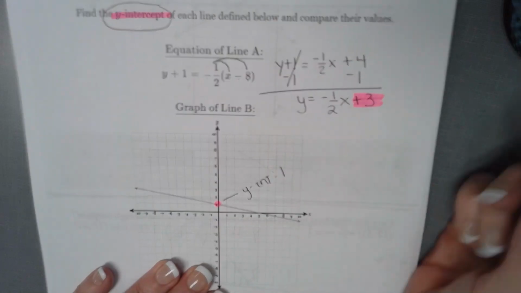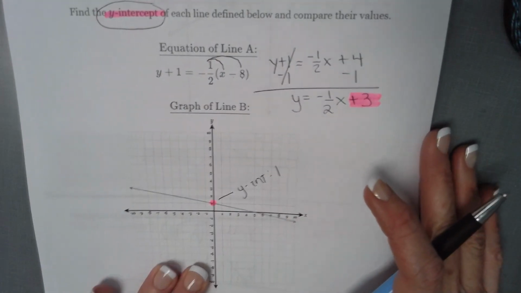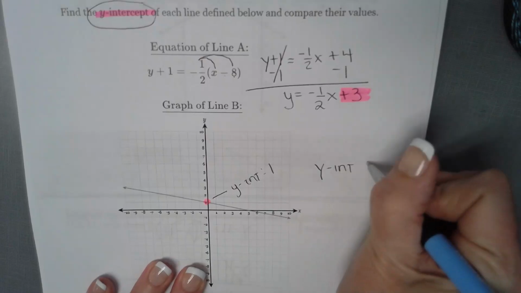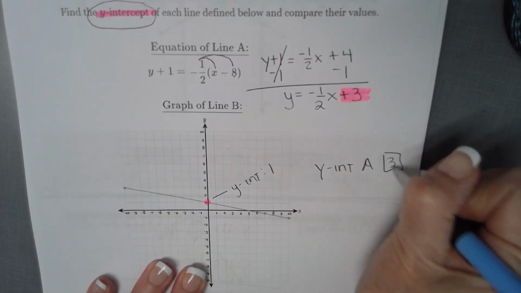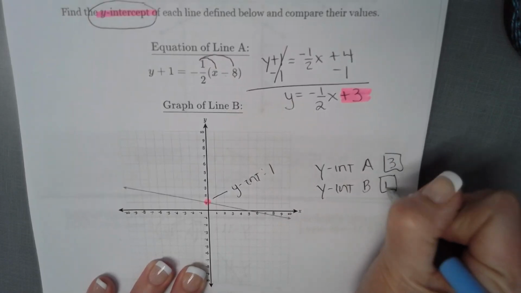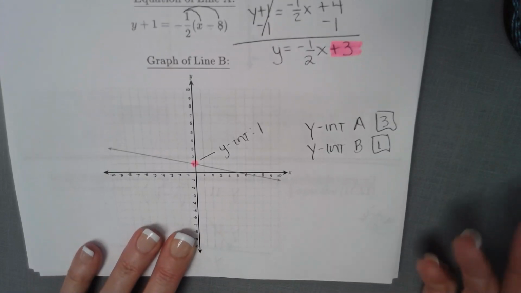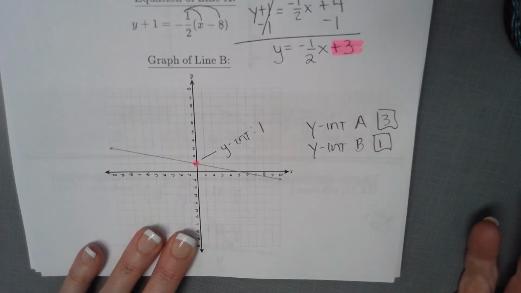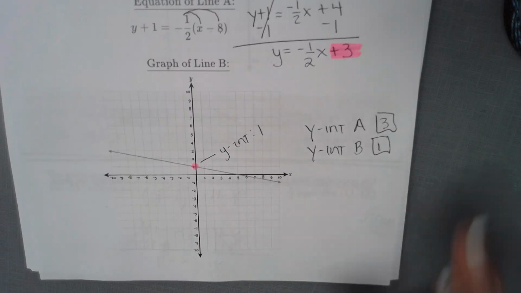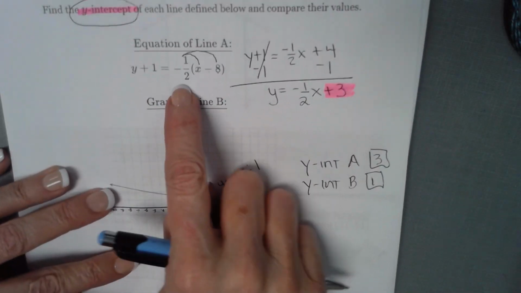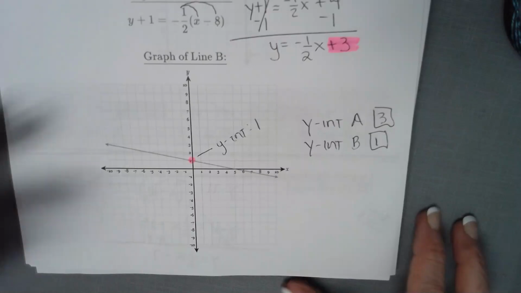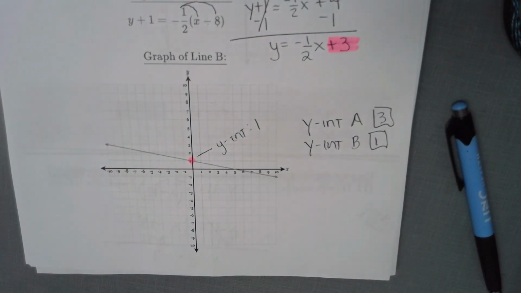My y-intercept here is 3, and it's going to be one of those drop-down boxes, like where you say something about the y-intercept for A is 3, the y-intercept for B is 1, and then you say something like, the y-intercept for A is larger than the one for B. If they ask for slope, notice slope's already here, y'all. You can pull the slope right out. Okay? So that's it.